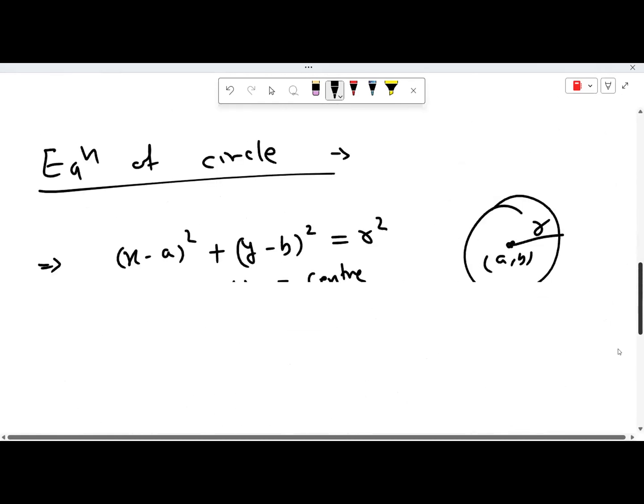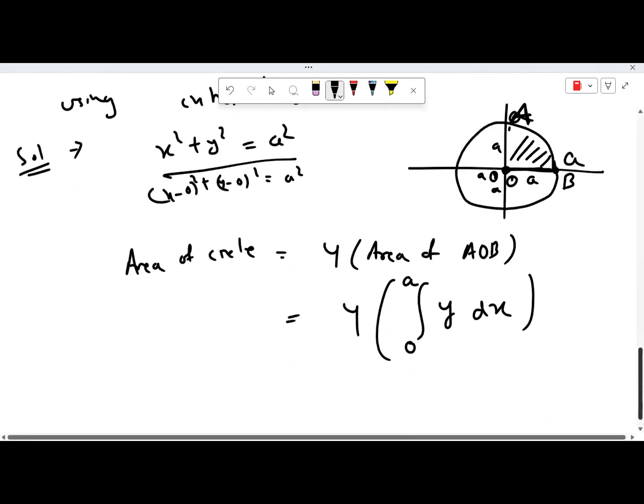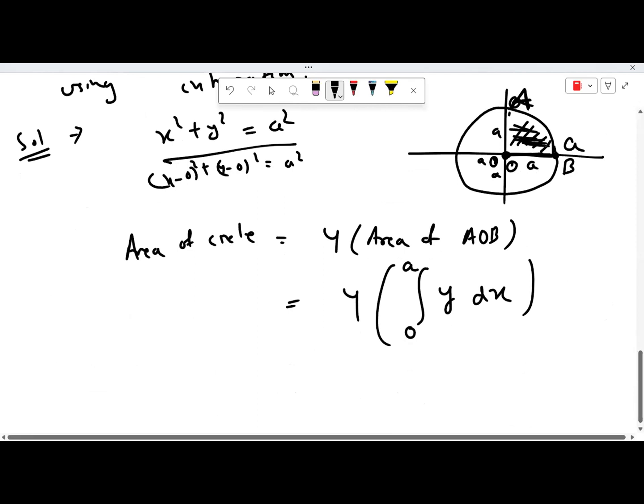The x coordinates we have put as limits. Is this clear? Yes, sir. Okay.